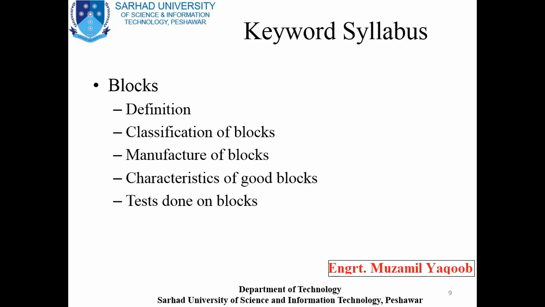Now the next chapter is about blocks, in which we will discuss their classifications and manufacturing process in detail, inshallah. The manufacturing process consists of various stages. First stage is batching, which means measuring materials for block production, then mixing the materials, which is carried out after the batching process.